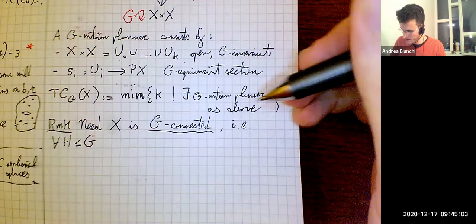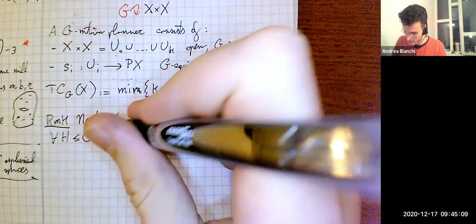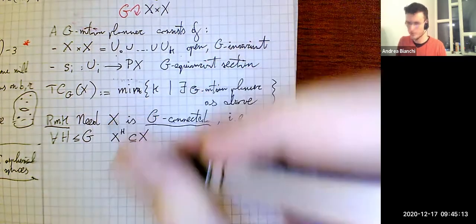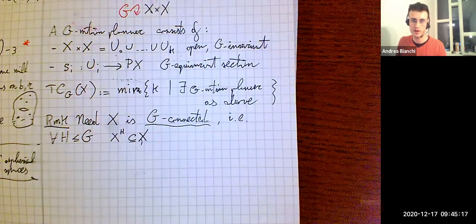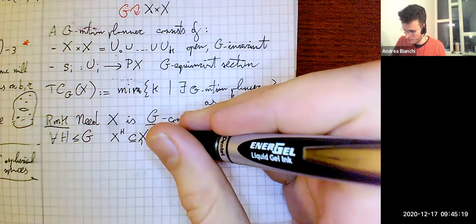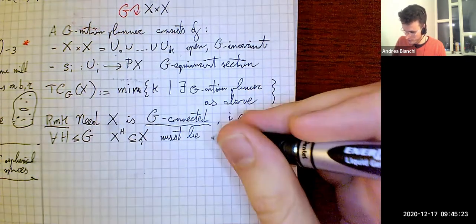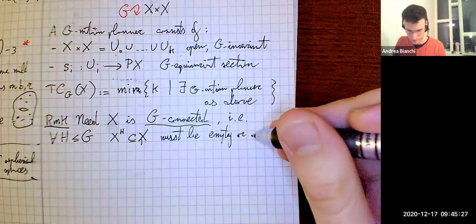So we need that for every subgroup H, the fixed point subspace, so the subspace of X containing all points that are fixed by the entire subgroup H, must be empty or path connected.